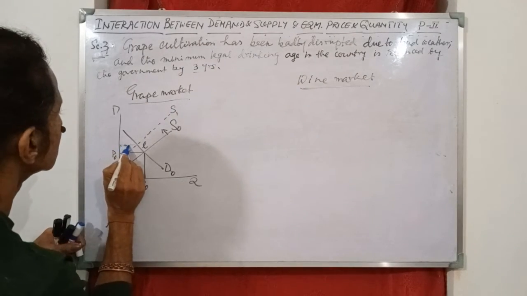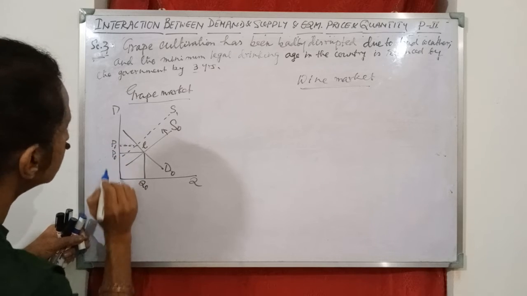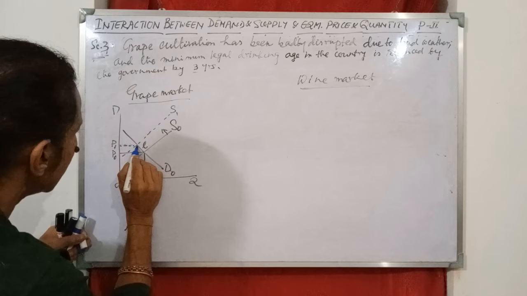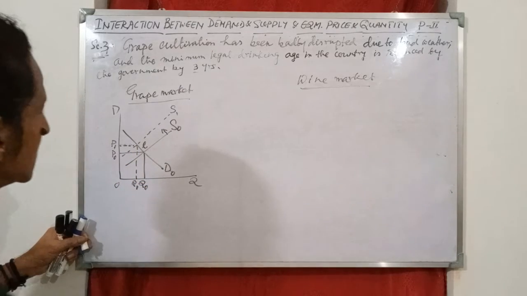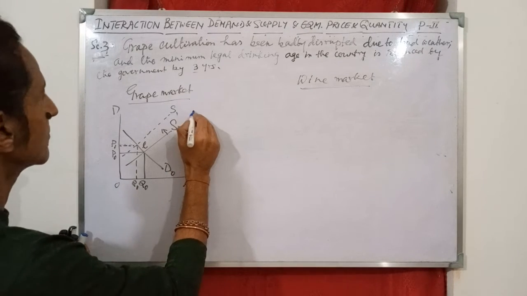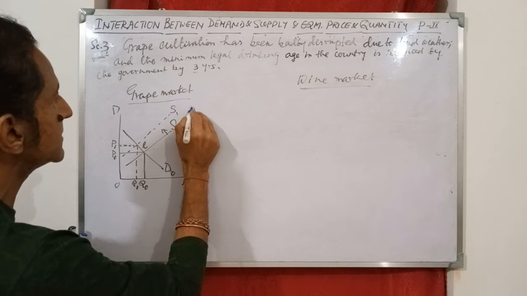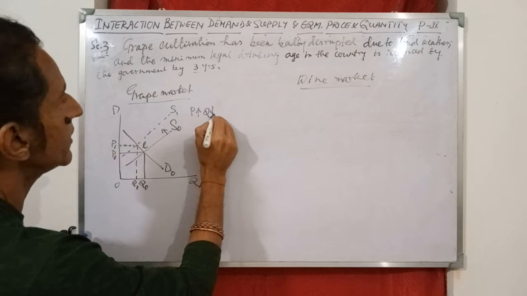So P sub 1 is the new equilibrium price and Q sub 1 is the new equilibrium quantity. So what is the impact? Equilibrium price is increasing, equilibrium quantity is falling.